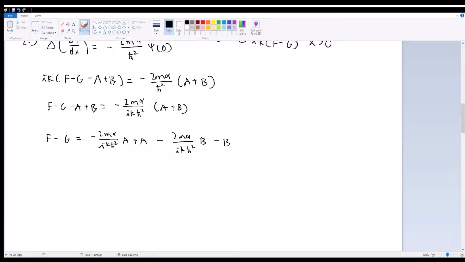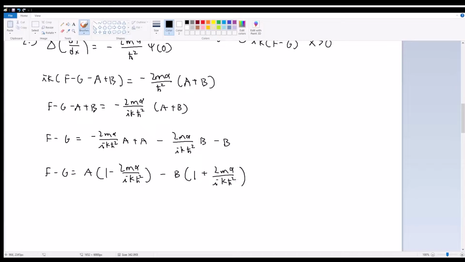And if we rewrite this, we can get that f minus g is equal to a times 1 minus 2m alpha over ik h bar squared, and then subtracted by b times 1 plus 2m alpha over ik h bar squared.